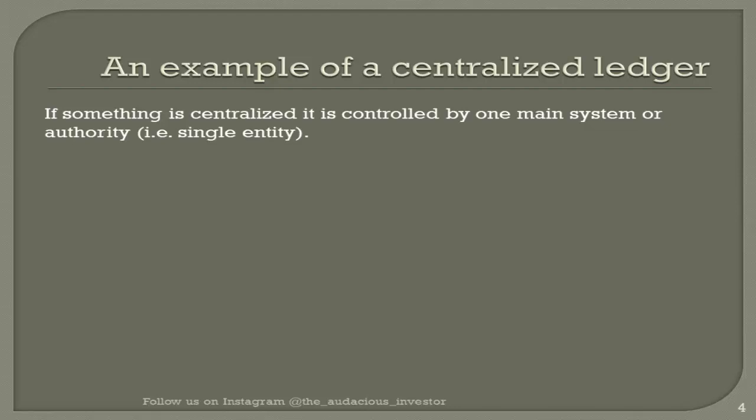First of all, what does centralized mean? If something is centralized, that means it's controlled by a single entity, whether that entity is a system, a company, an authority. It's controlled by a single entity, and that is what centralization is.